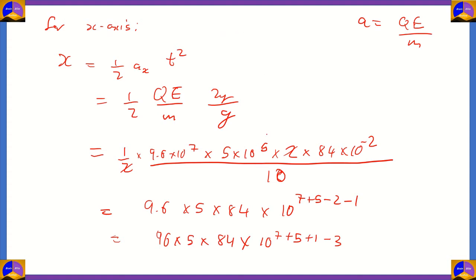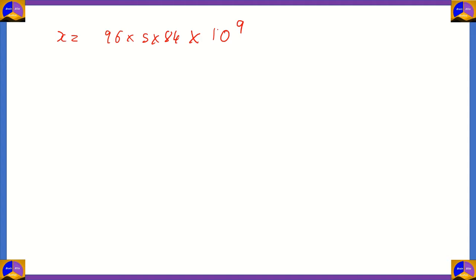So as you can see, 7 plus 5 is 12, plus 1 gives you 13, minus 3 gives you 10, so it's times 10 raised to 10.